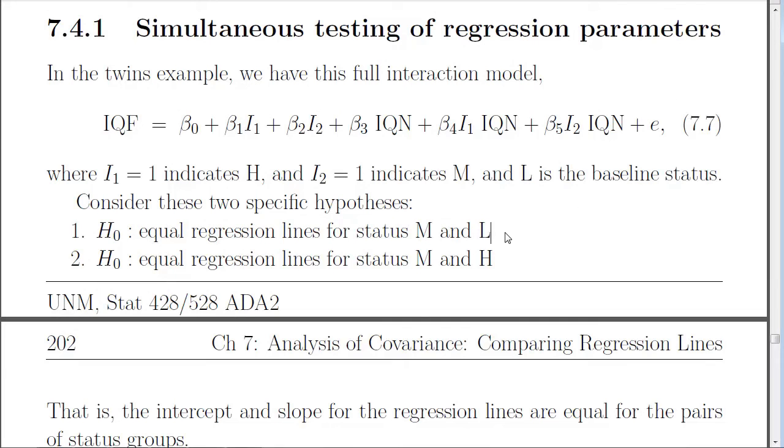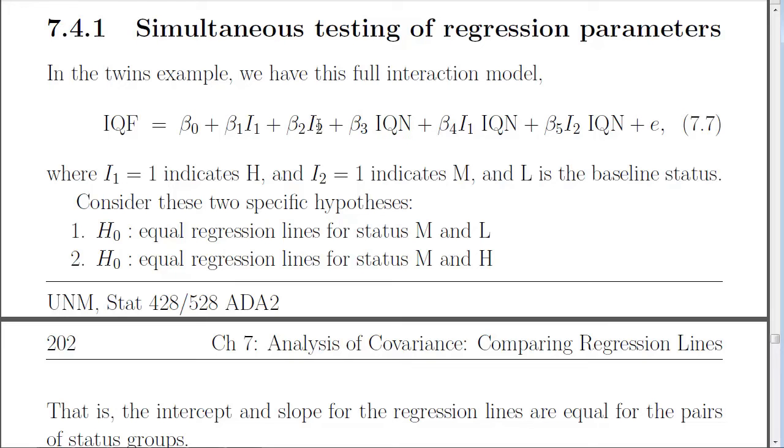Okay, so low is the baseline group and medium. So, oh yeah, hypothesis 2. This is the one that compares medium and high. Great. So we've got medium versus low. So how do we test medium versus low? Well, what would that mean? So beta naught is the intercept for the low group. Beta 3 is the slope for the low group.